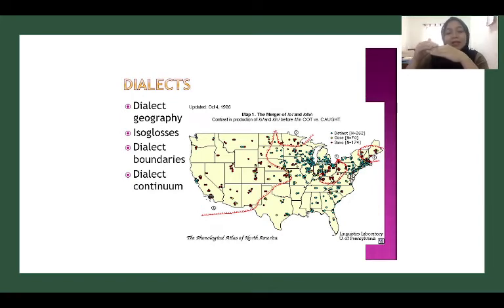Sometimes they use these dialects too. So there is nothing as sharp. The Negeri Sembilan dialect will not stop just at Nilai. It can be used by the neighboring areas next to Nilai.